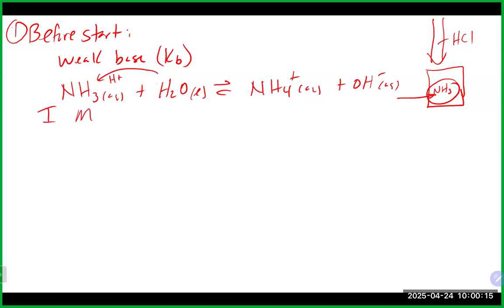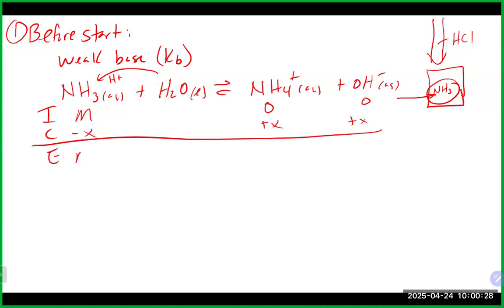We could use molarity here because we haven't started the titration, which means we haven't added any volume. We could do our zeros, our minus X's, plus X's, plus X's, like a normal table. This would go once again into our Kb, as this is a weak base, and we would solve for X.